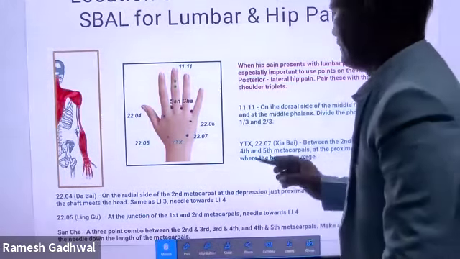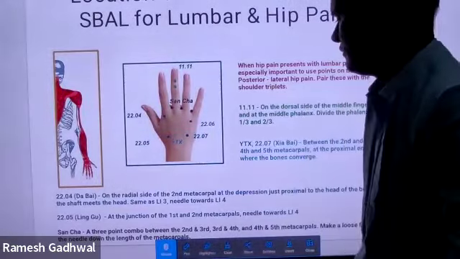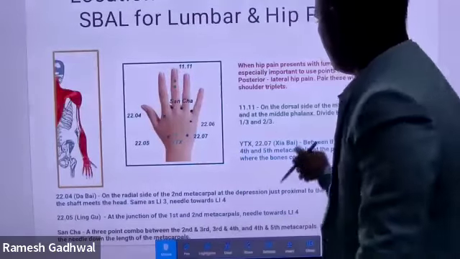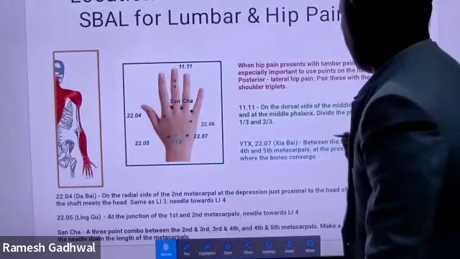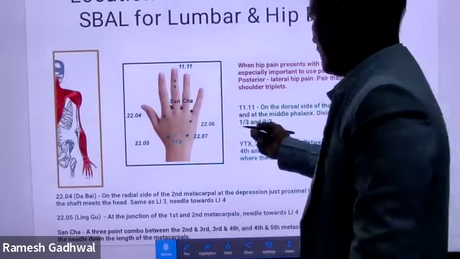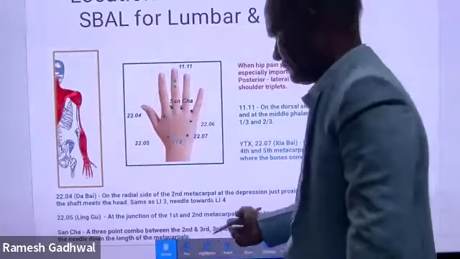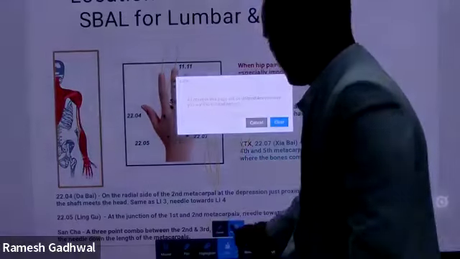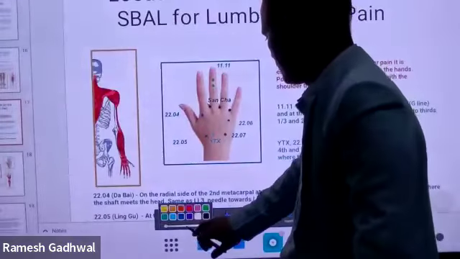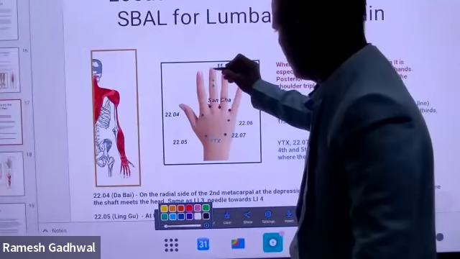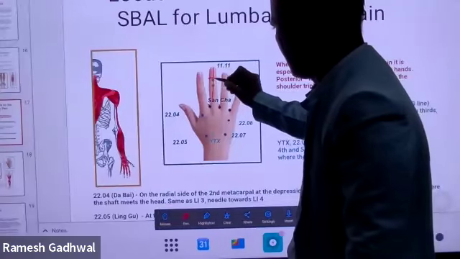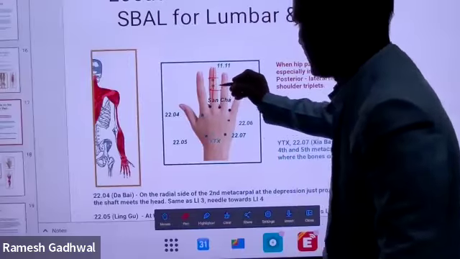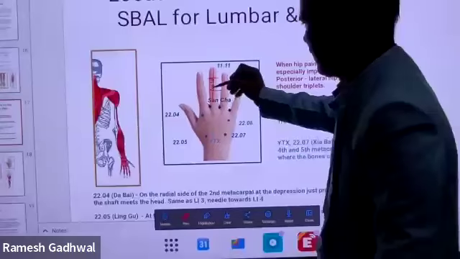Then 11.11 on the dorsal side of the middle finger, in the middle of this line, and the medial flange divided into three, one-third of two-thirds. So this is the middle line, then the middle flange is divided into how many parts? 1, 2, 3 equal parts.